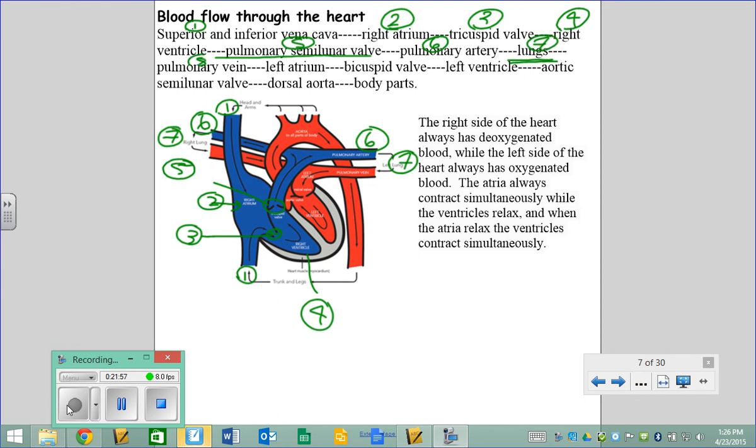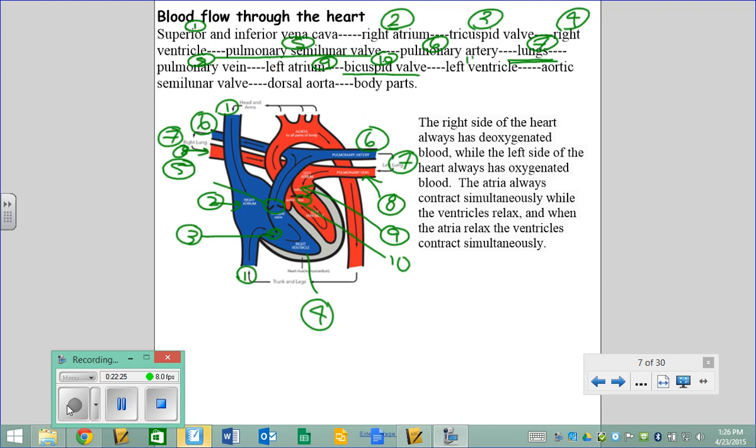Pulmonary vein, 8. So the pulmonary vein has 2 branches, just like the pulmonary artery. And your pulmonary vein goes into your left atrium, which we'll call number 9. So that's your left atrium, always to the top chamber of the heart first. It flows through the bicuspid valve, so that's number 10.